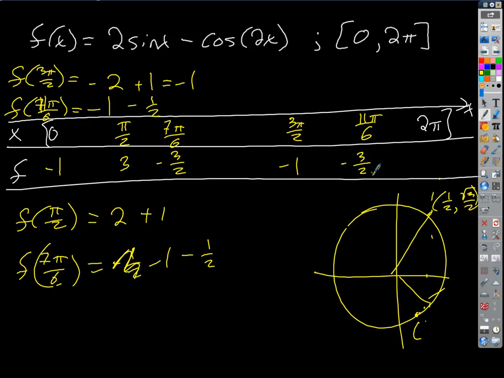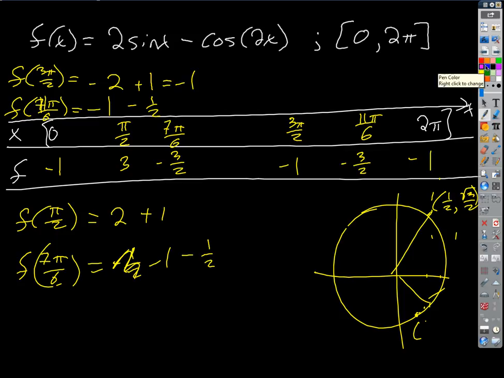Okay, so then what's our winner and what's our loser? Yeah, but 2 pi. Oh, 2 pi, whoops, got that. So sine of 2 pi is 0. Cosine of 4 pi, if I just go around twice, is 1, so -1. Okay, now what's our winner and what's our loser?